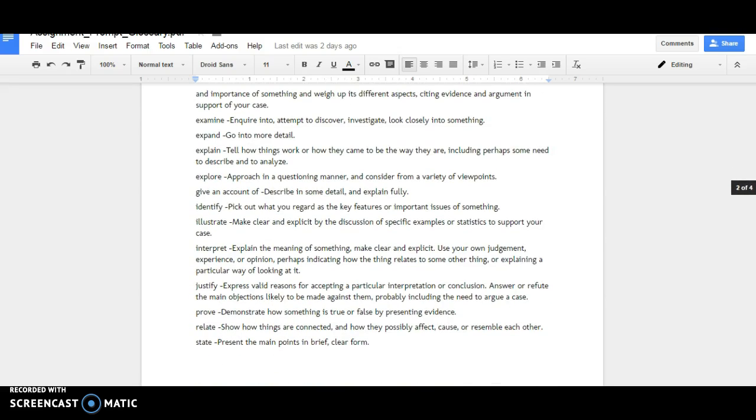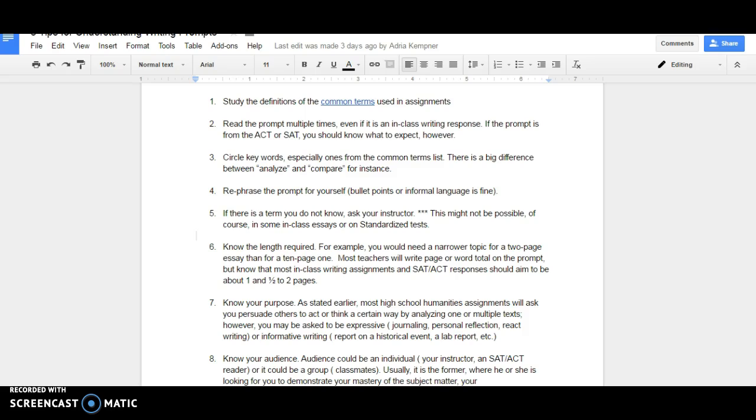Examine, explore. I would look through these and make sure you understand exactly what they mean. For the most part, these are the terms that are going to show up in an analytic writing prompt. But I would circle those words and make sure it's clear that you know what is being asked of you.